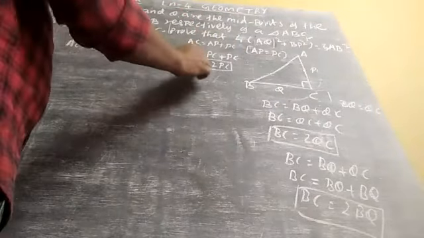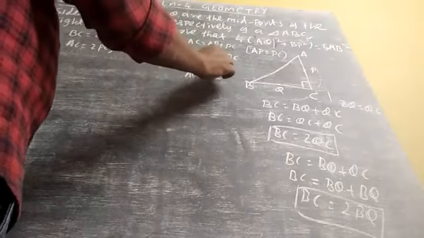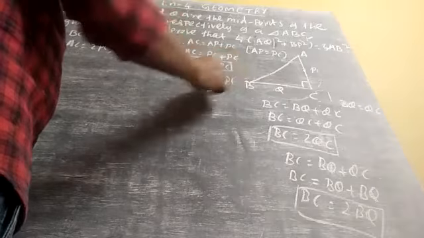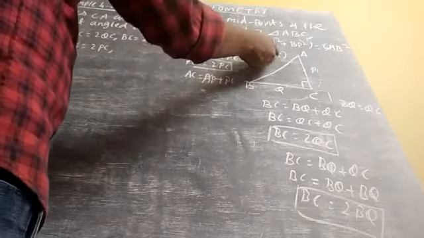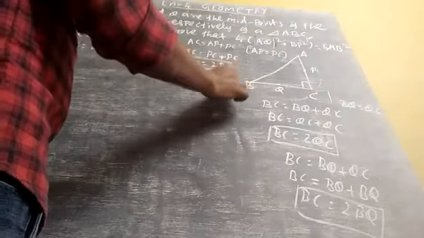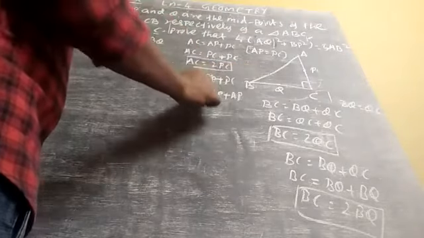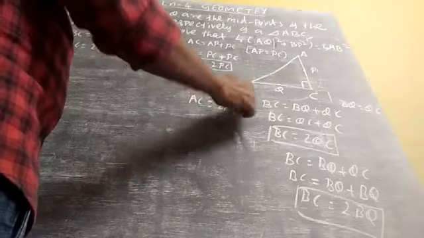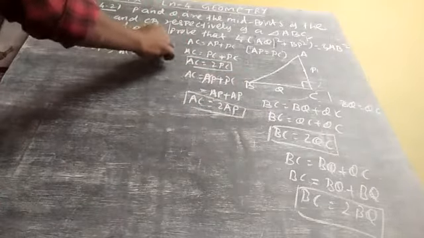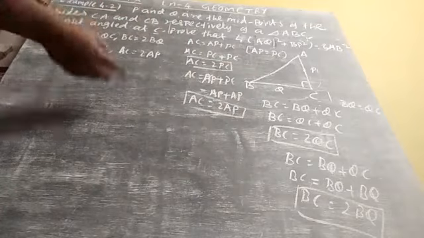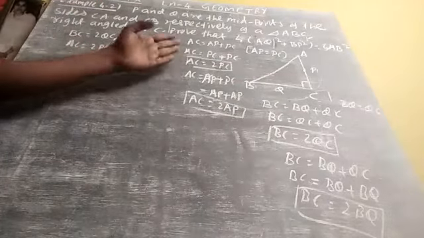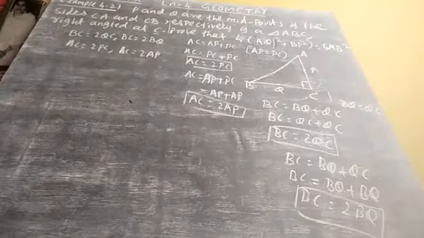Next, AC equal to AP plus PC. Before I applied AP equal to PC, now I apply PC equal to AP. So AC equal to 2AP. These 4 conditions I am going to use at the end for this.